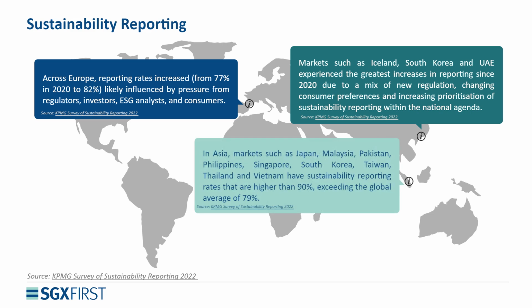In Asia, markets such as Japan, Malaysia, Pakistan, Philippines, Singapore, South Korea, Taiwan, Thailand, and Vietnam have sustainability reporting rates that are higher than 90%, exceeding the global average of 79%.